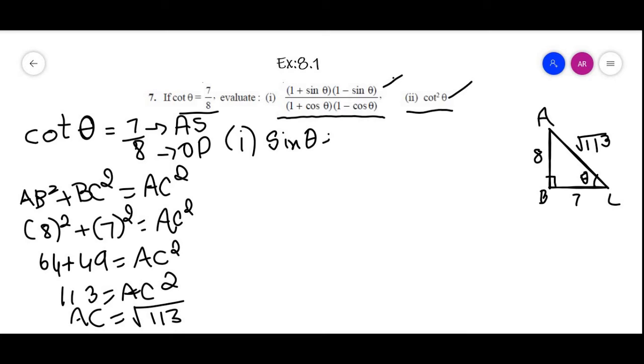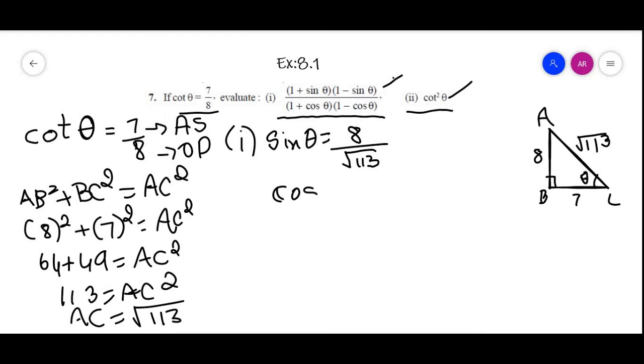Sine theta, the code is SOH, so sine theta is equal to the opposite side by the hypotenuse. What is the opposite side here? It's AB, so 8, and the hypotenuse is root 113. Let's substitute that. And then we also have to find cos theta.